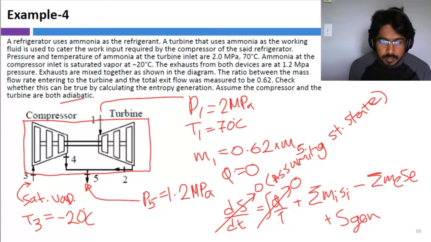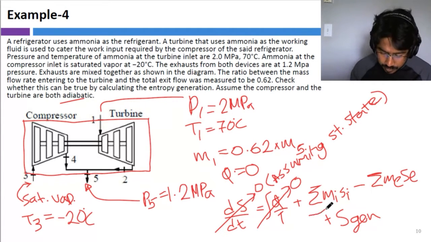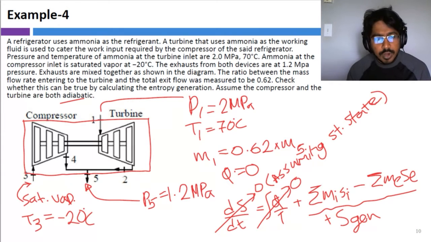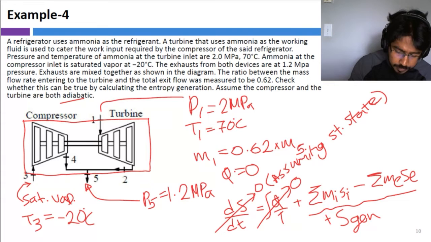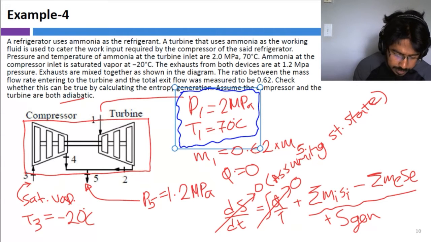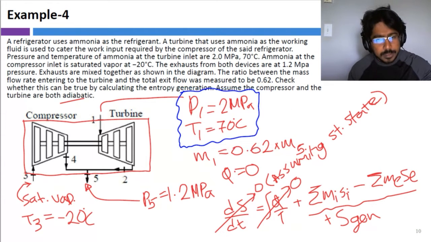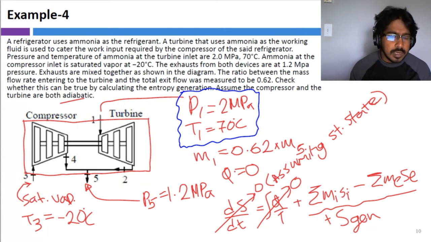Now you see that if we have the entropies of inlets and outlets, then we can calculate the entropy generation. When we look at this problem, state 1 is defined pretty clearly. If you go to the property tables, you can straight away find the entropy at state 1. Are we all in agreement?